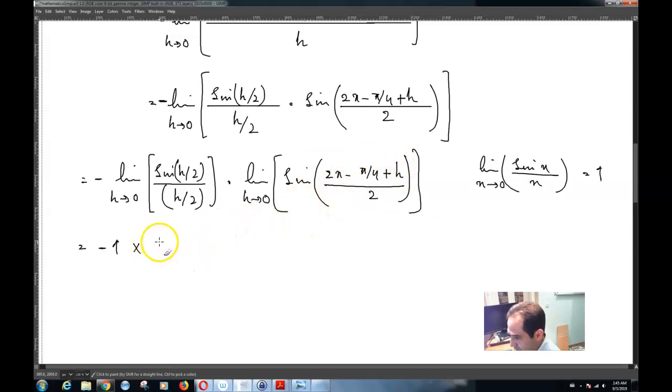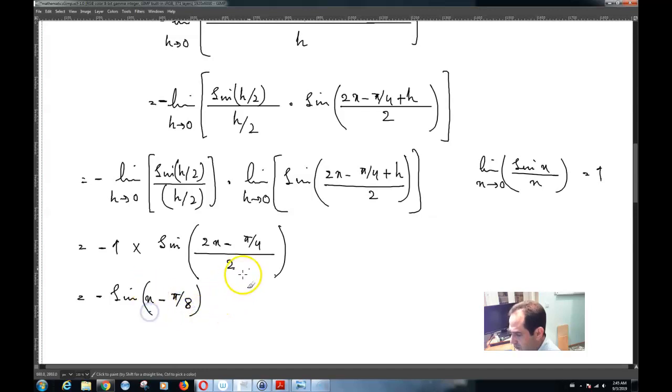So that would be sine of (2x minus pi by 4) divided by 2. So that is equal to the negative of sine of x minus pi by 8. And that's basically that.